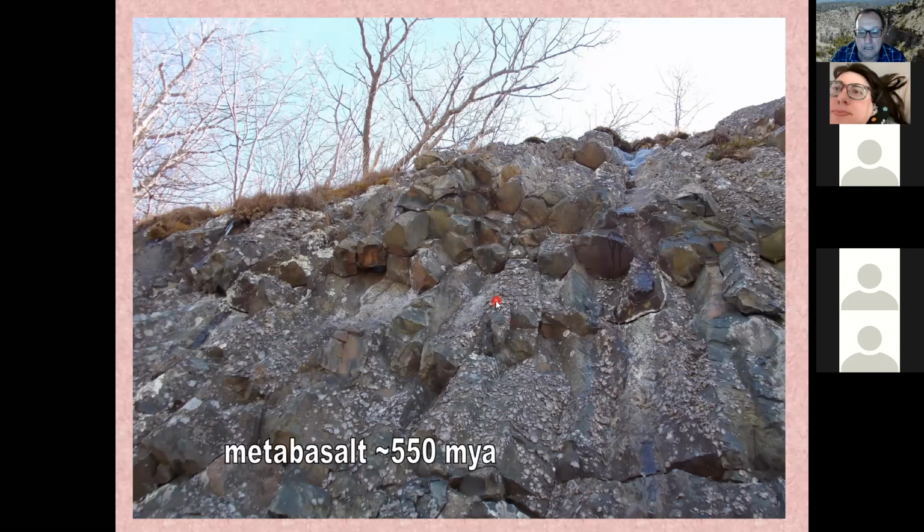Here's one of the road cuts. It's about 12 miles south of Front Royal. This is basalt. This is volcanic lava, about 550 million years old. But you see the shapes are hexagonal.